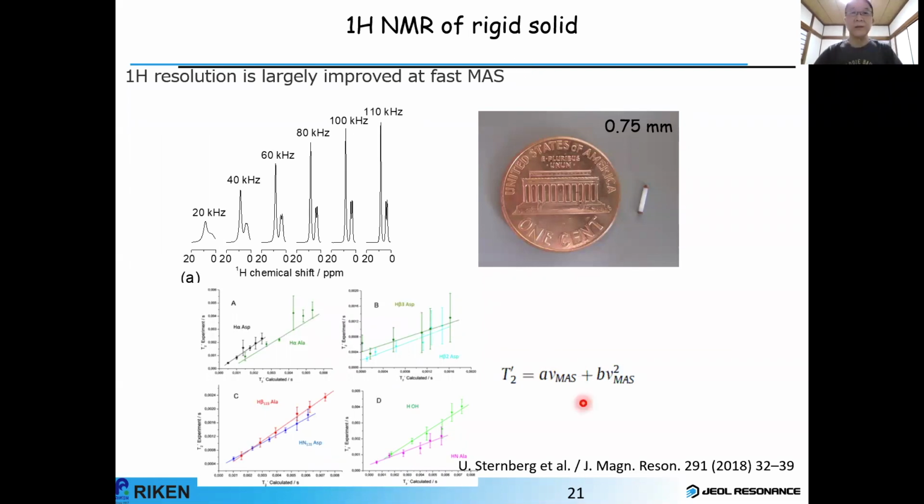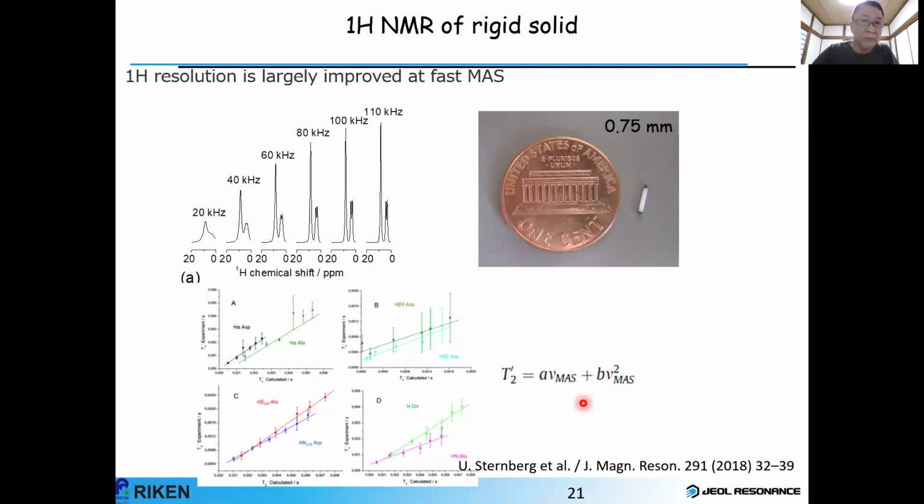So if we think about T2 relaxation time, yes, we do see the improvement at faster and faster MAS spinning frequency, but that is finally limited by the inhomogeneous broadening. So that depends on what we need for the fast MAS experiment.